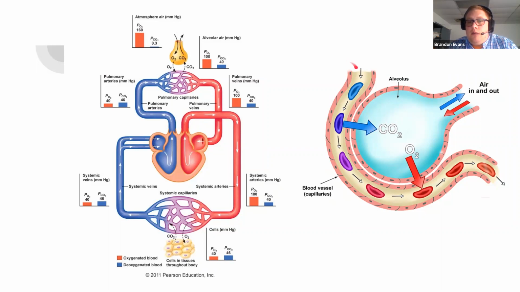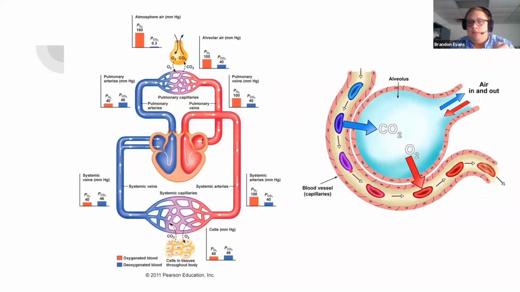So your red blood cells are coming all used up. They have no oxygen, but they're carrying the CO2 as the waste product from your cells. They're dropping that off until it reaches equilibrium. So if it's at 46, our PCO2 inside of the alveoli is only 40, so that extra pressure is transitioning over to the alveolus until it creates an equilibrium.